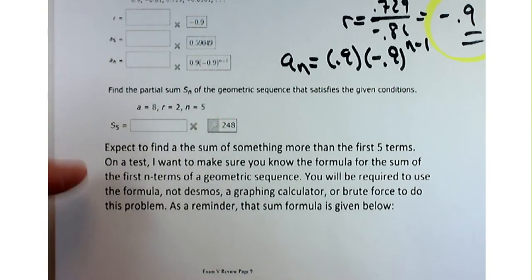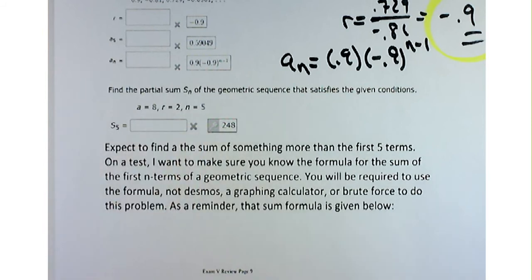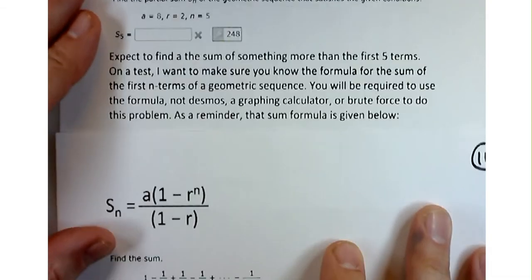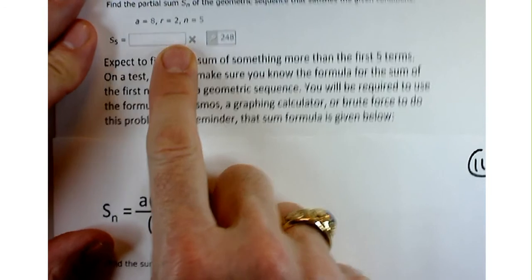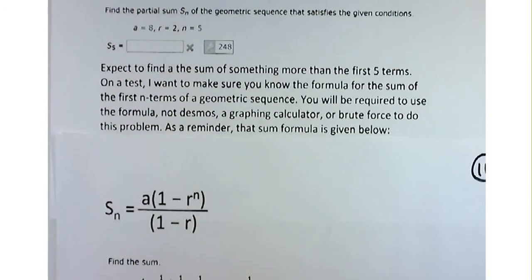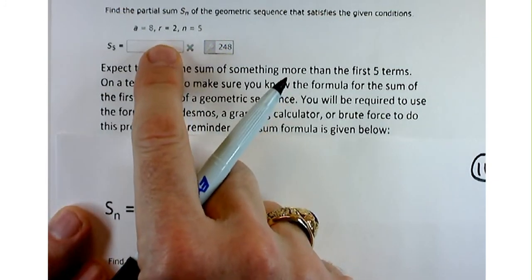Again, here's another one where I said, all right, look, expect something more than just the first 5 terms here to sum up. Now, I can do one of two things in giving you a problem like this. I could just go easy on you and give you some simple numbers and be very, very clear that I want you to show me how you use the formula, or I could just make this really, really big and force you to use the formula.